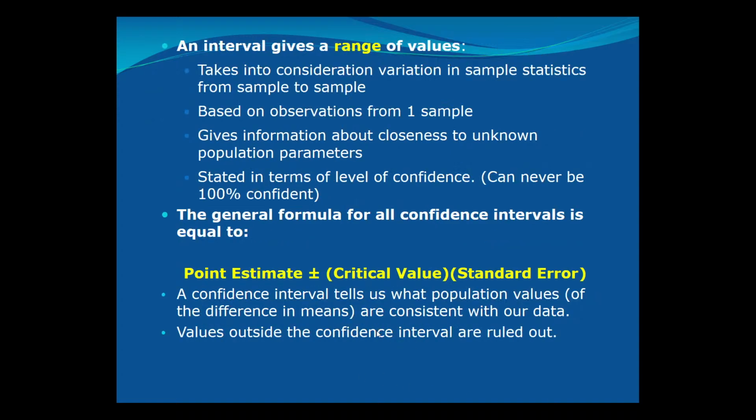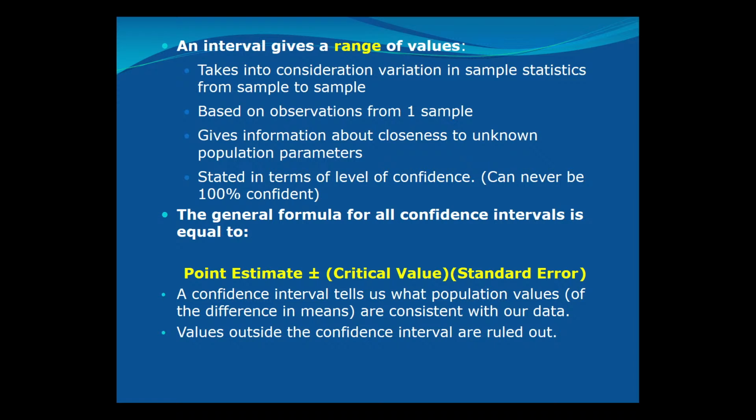An interval gives a range of values, takes into consideration variation in sample statistics from sample to sample, is based on observations from one sample, gives information about closeness to unknown population parameters, and is stated in terms of level of confidence. It can never be 100% confident.